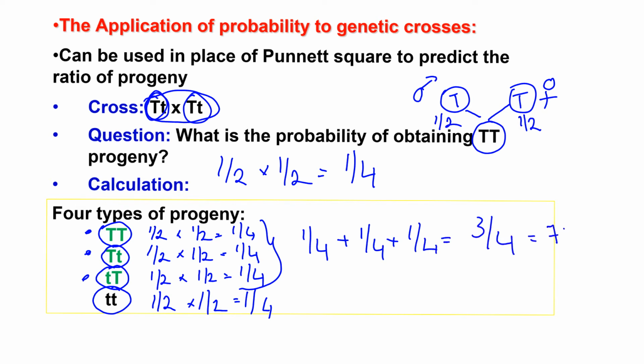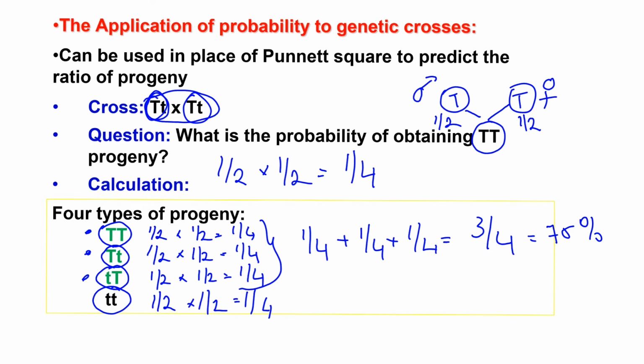So you can see using probability, multiplication and addition rule is very easy and simple, and you can approach and solve the problem much faster using probabilities than Punnett square.